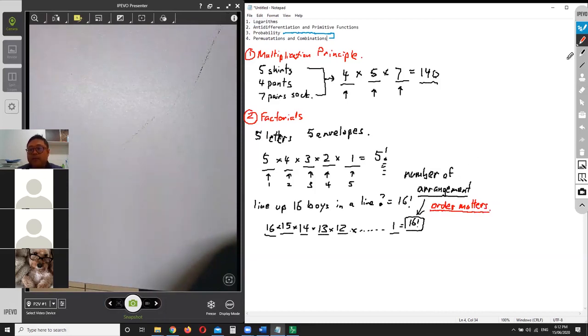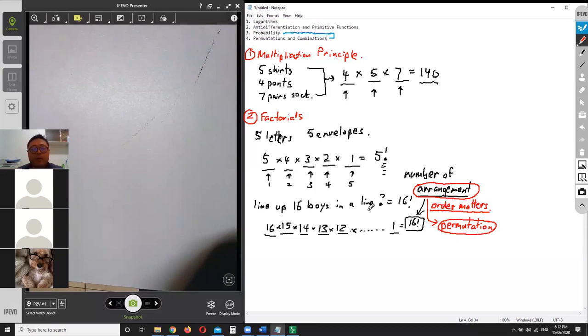Now, there is another word for arrangement. There is another mathematical word that means the same as arrangement, and that is the word permutation, okay?